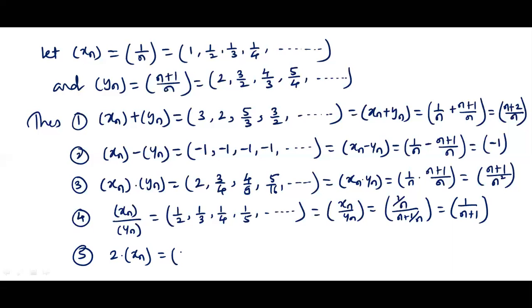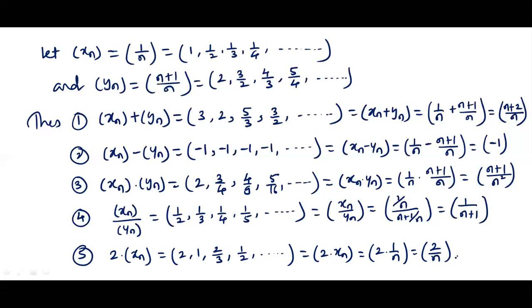We will get a sequence whose first term is 2, second term 1, third 2 by 3, next is 1 by 2, and so on. And this is a sequence whose nth term is 2 into xn, that is 2 into 1 by n, and it is a sequence whose nth term is 2 by n.